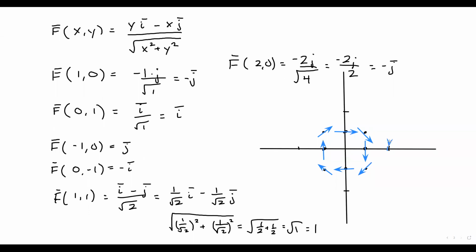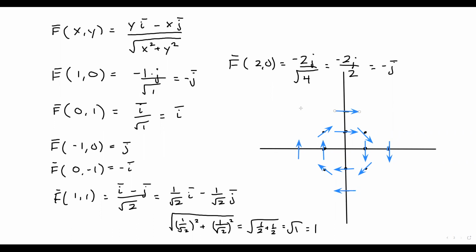So we get the same length here. And now if you plug in the others, negative 2, 0, 2, 0, 0, 2, you're going to find the same thing is true. So all of these vectors are the same length. As we move away, the vectors do not get longer like they did with the last example.